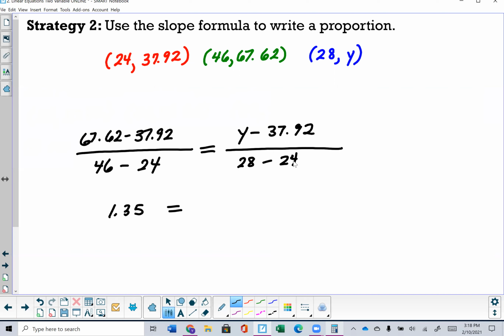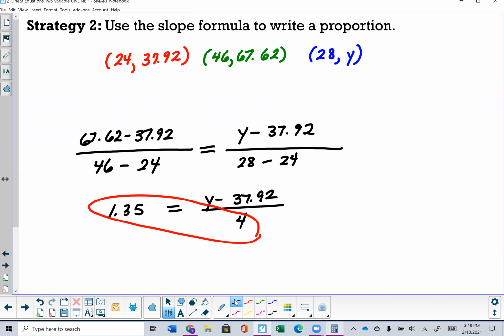Now you could use the second and the third point as well. So you don't have to do the first and the third point, as long as you do the third point in that next combination is what's key. All right, so we'll simplify that: y minus 37.92 over 4. Okay, cross multiply this, well, just half cross multiply.